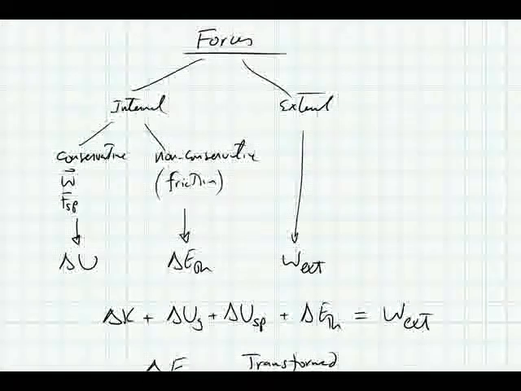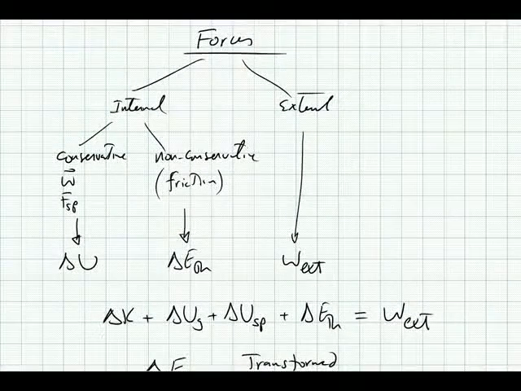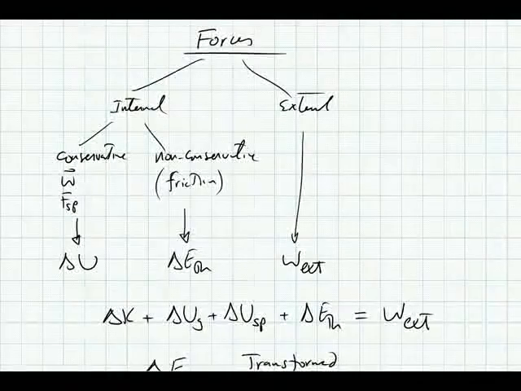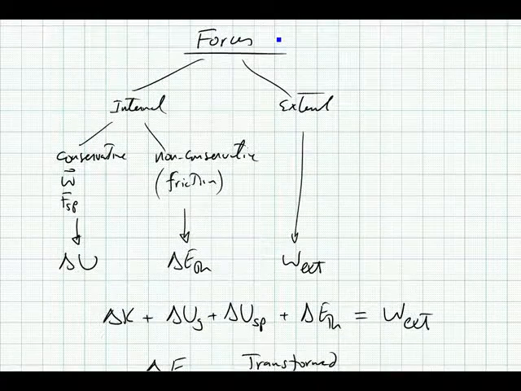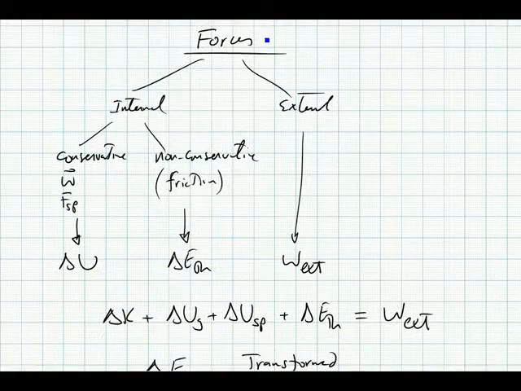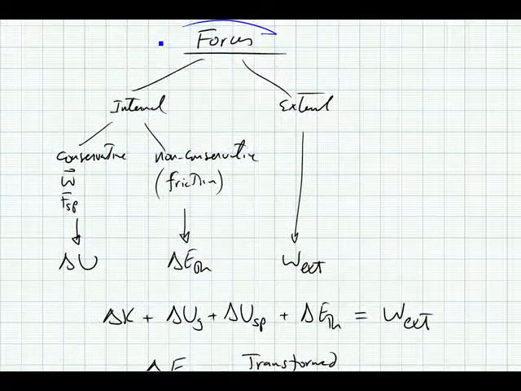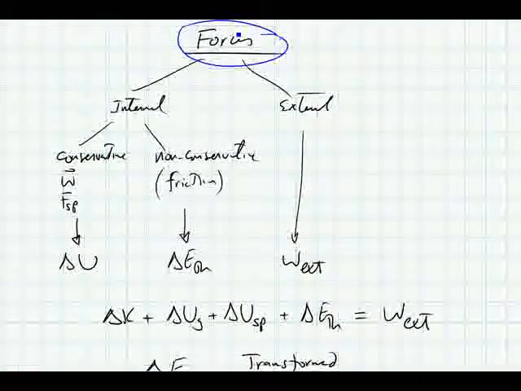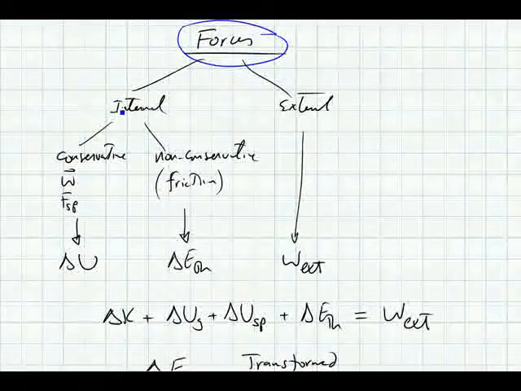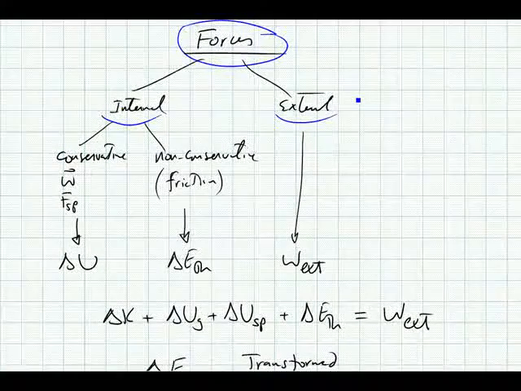Let's do a recap of what we discussed in this chapter. First of all, let me start by saying that we can classify the forces being applied on a system as internal forces and external forces.